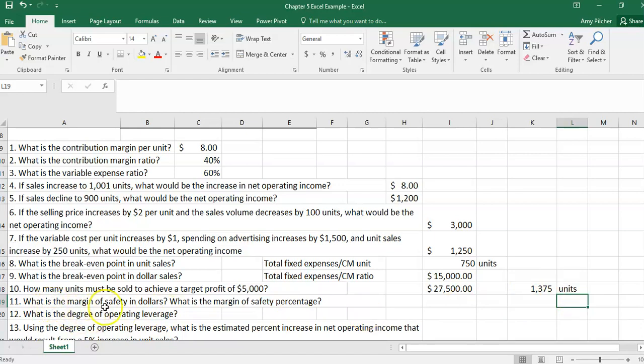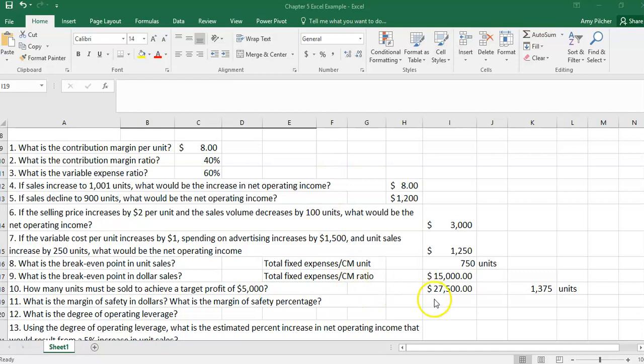Number 11 says, what is the margin of safety in dollars and what is our margin of safety percentage? Our margin of safety is the difference between our current sales and our break-even sales. So it's how far our sales could drop before we start experiencing a loss.